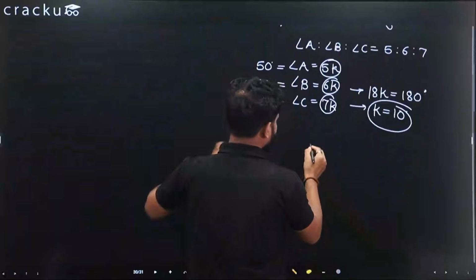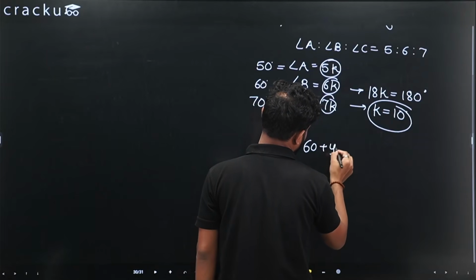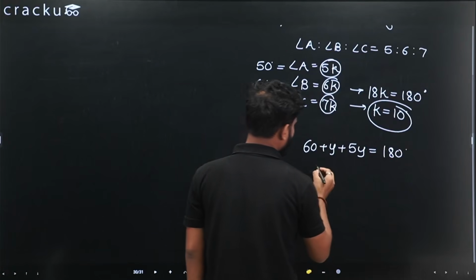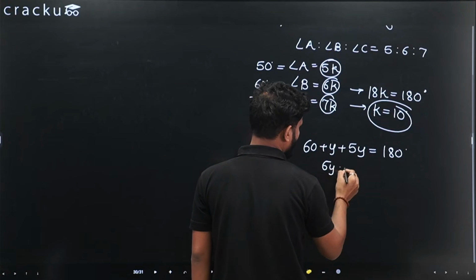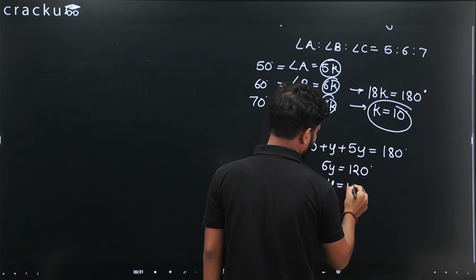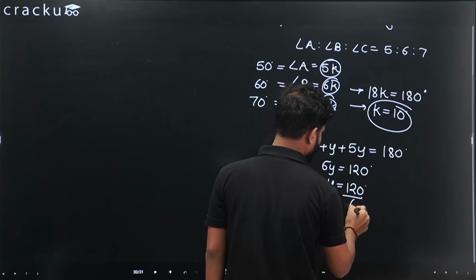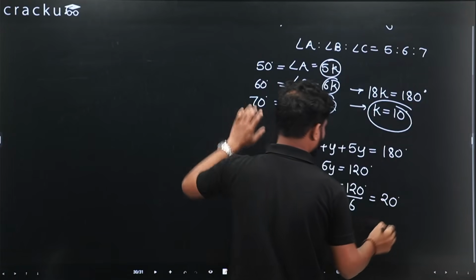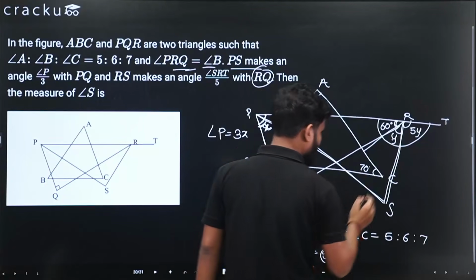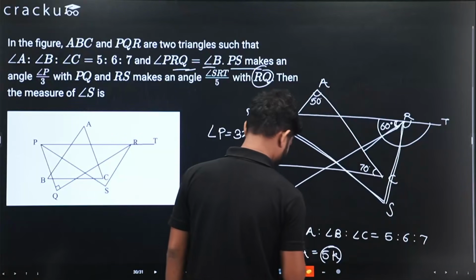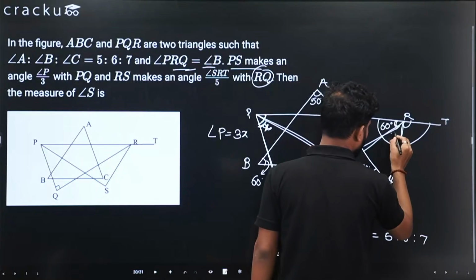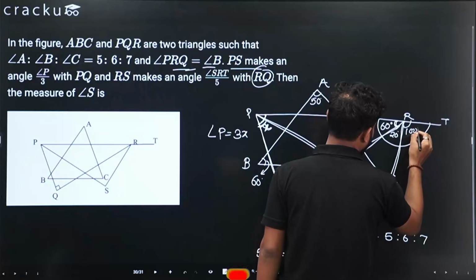So 60 plus y plus 5y is equal to 180 degree, or 6y is equal to 180 minus 60 is 120 degree, or y is equal to 120 degree divided by 6 is 20 degree. So this is 20 degree. This will be 100 degree.